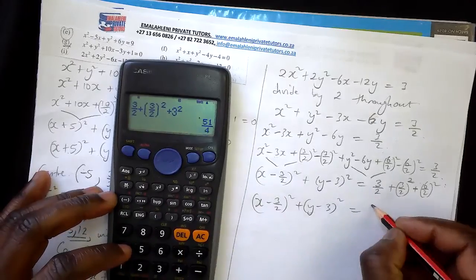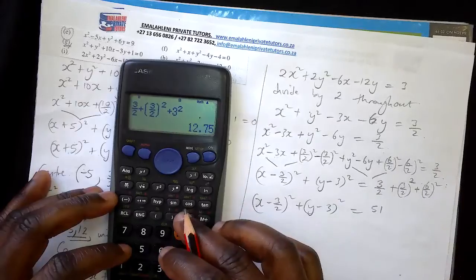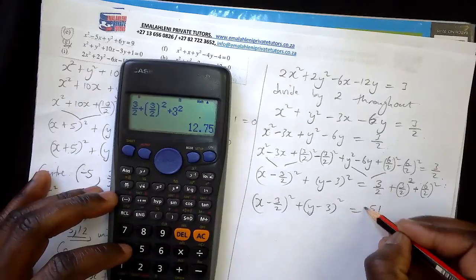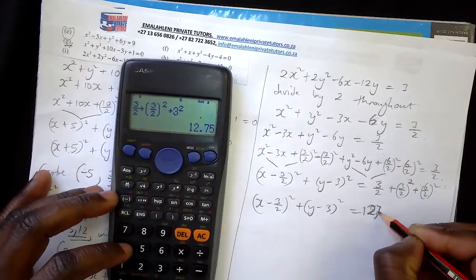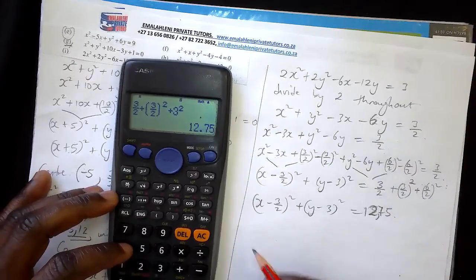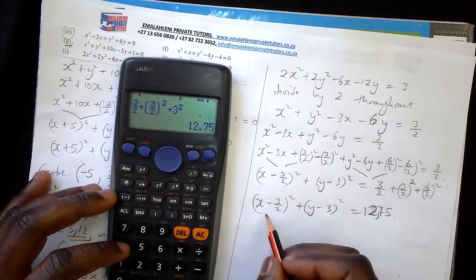Now we get 51 over 4, or should we say 12,75.